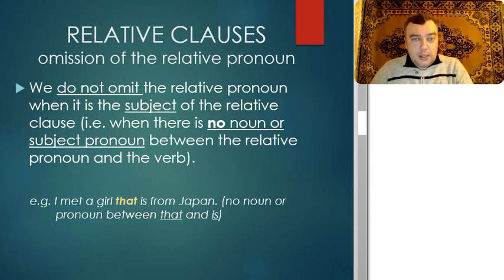And between these two words there is no other word which is a noun or a subject pronoun. There is no subject, right? So no noun or pronoun between that and is makes it so that we cannot cross out the word that. I met a girl that is from Japan, and you cannot say I met a girl is from Japan. This would be a mistake.